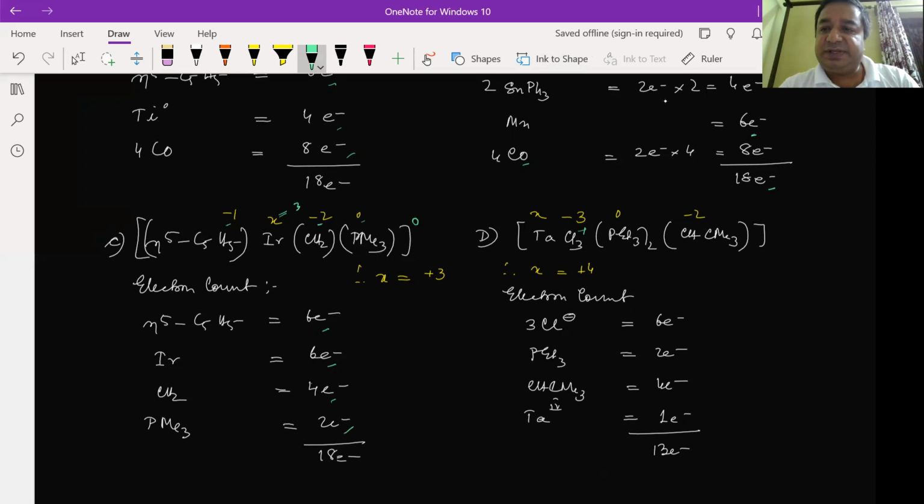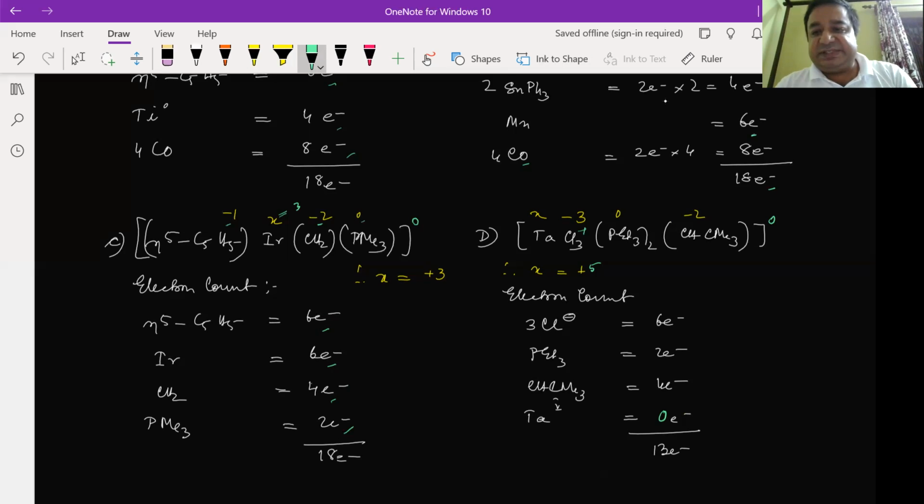So over here, we will say that the value of X for tantalum is +5, not 4. It is going to be +5 because the overall charge is 0. So for tantalum, it is going to be 0 electrons. That is the correction we are making. It is +5.